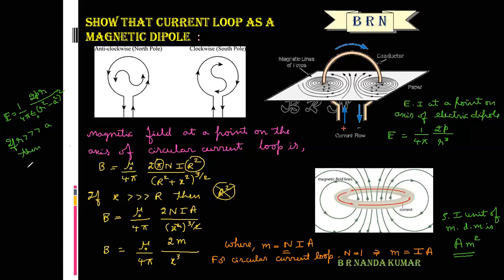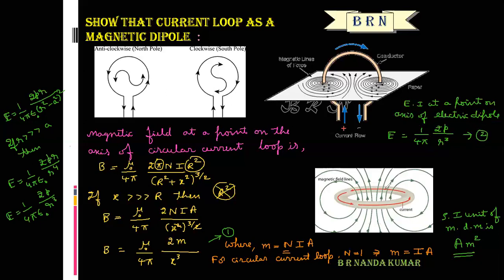Then electric intensity is 1 divided by 4 pi epsilon naught times 2pr divided by r to the power 4. So one r gets cancelled. Finally we will get E is equal to 1 divided by 4 pi epsilon naught times 2p divided by r cube. Call this equation number 1 and call this equation number 2.